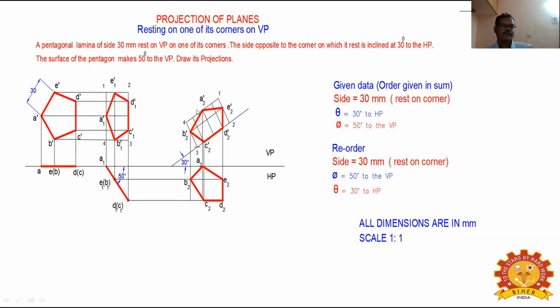I join by using an HP pencil. From there you have to draw a vertical line, and from A1, E1, and D1 draw a horizontal line. The corresponding intersection points mark as A2, B2, C2, D2, and E2. Finally, you mark 30, 50 degree, 30 degree, all dimensions scale 1:1.